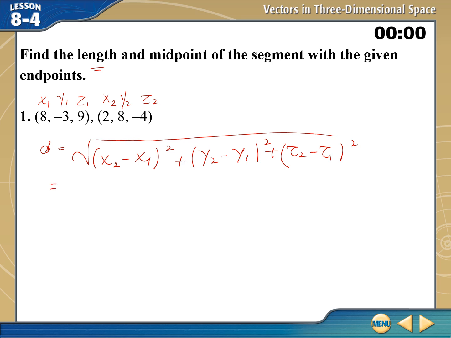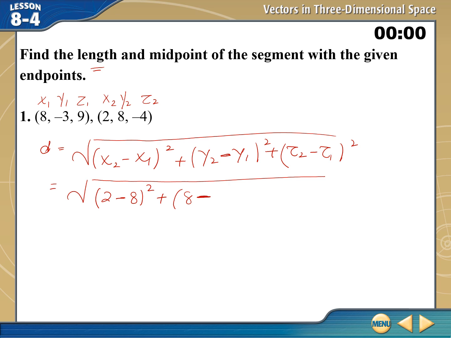Now you just put the values in the equation. x2 is 2 minus x1 is 8 whole square, plus y2 is 8 minus y1, which is negative 3.